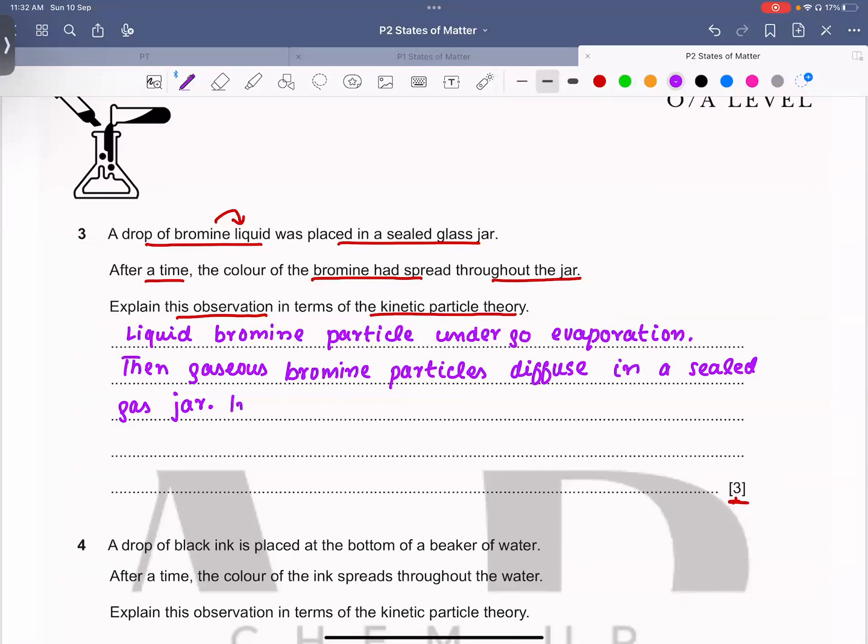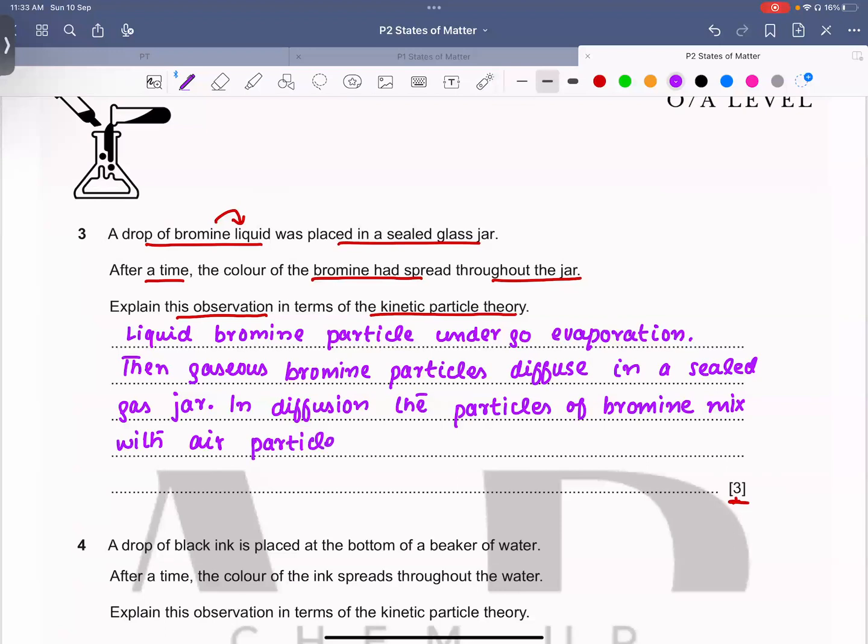Then for the third mark, you will now elaborate diffusion a little. In diffusion, the particles of bromine mixed with air particles.